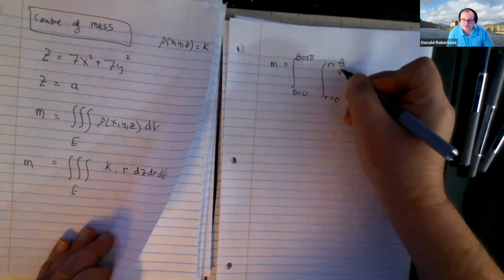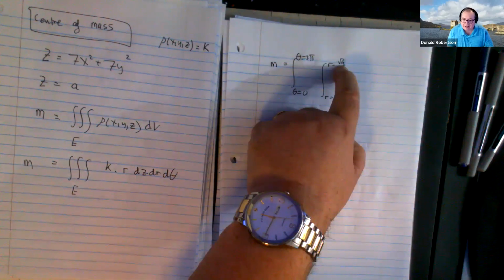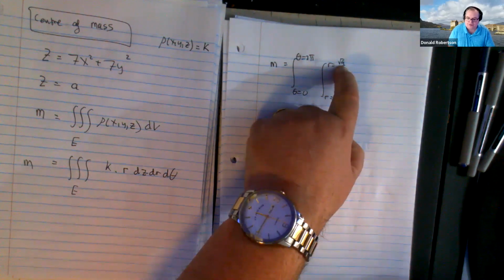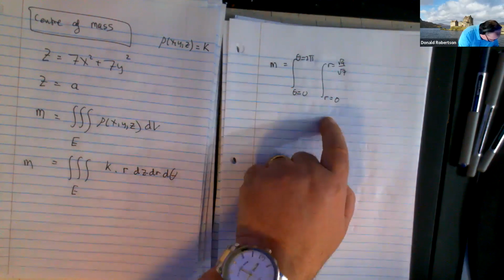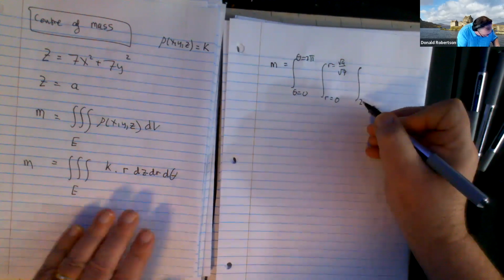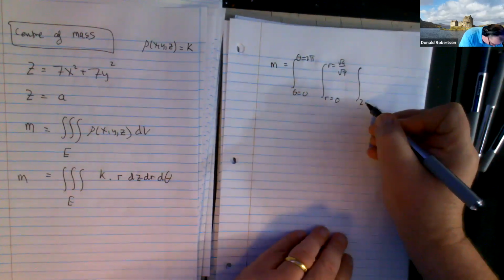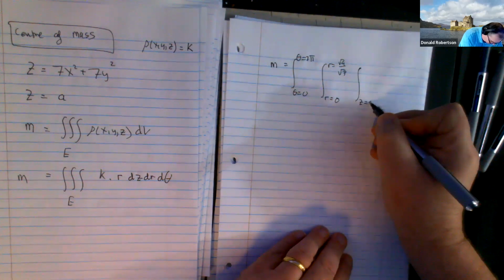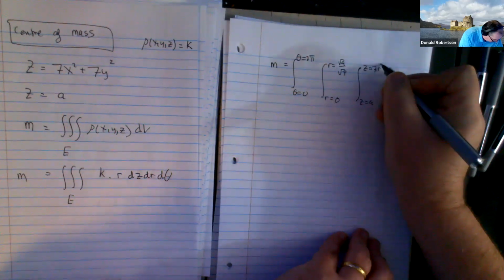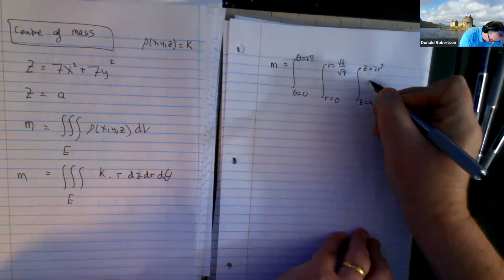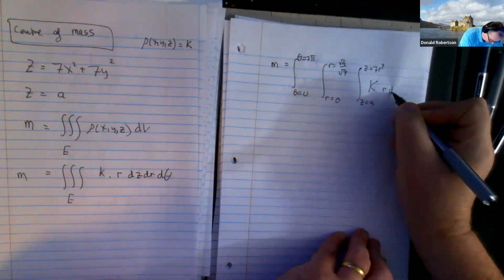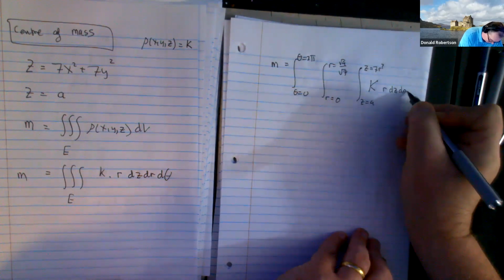Now you might think that's a variable, but square root of a is actually just a number. So these are both numbers. And the z's, well, we already got the z's. They go from a to 7r squared. The density function k, a dz, a dr, and a d theta.